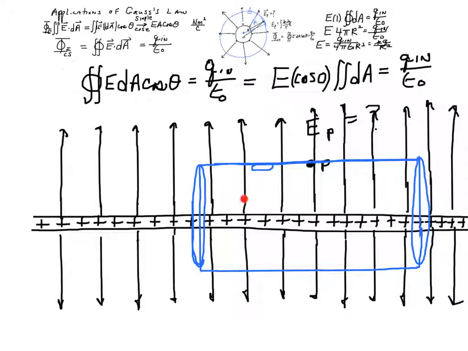And to think about how much area is in the can, cut the can along one edge, roll it out, and you have a rectangle, which is the length of the can times the circumference of the circle. I hope you can appreciate that. And when you do that, we can now finish this problem.